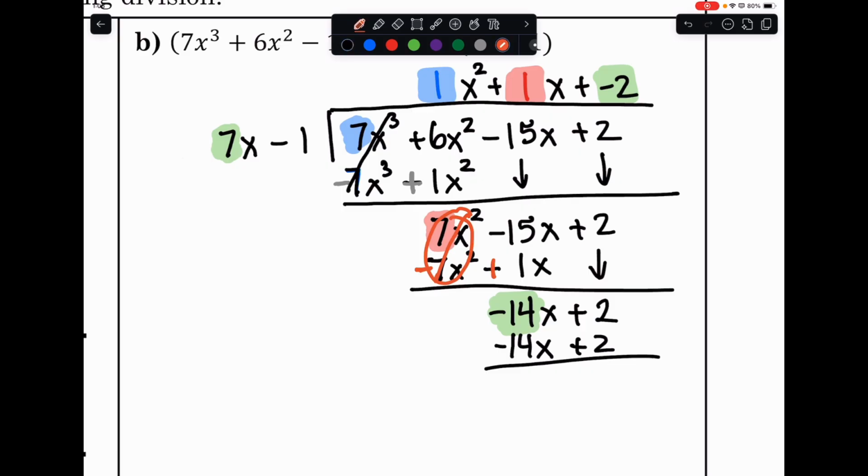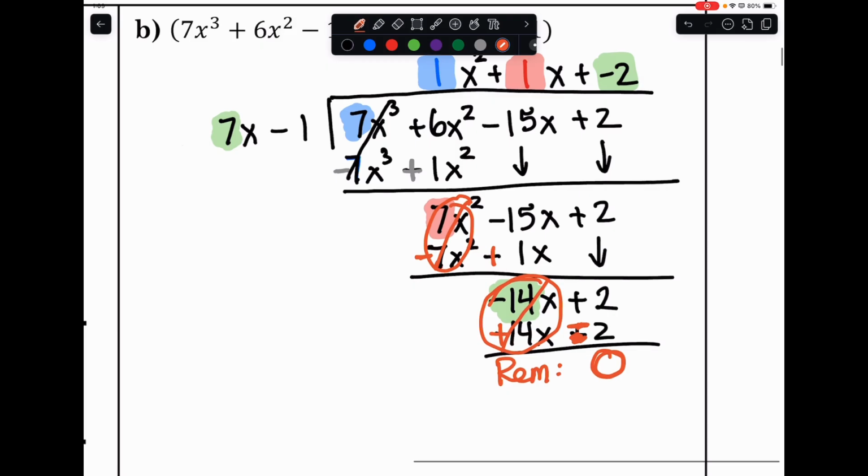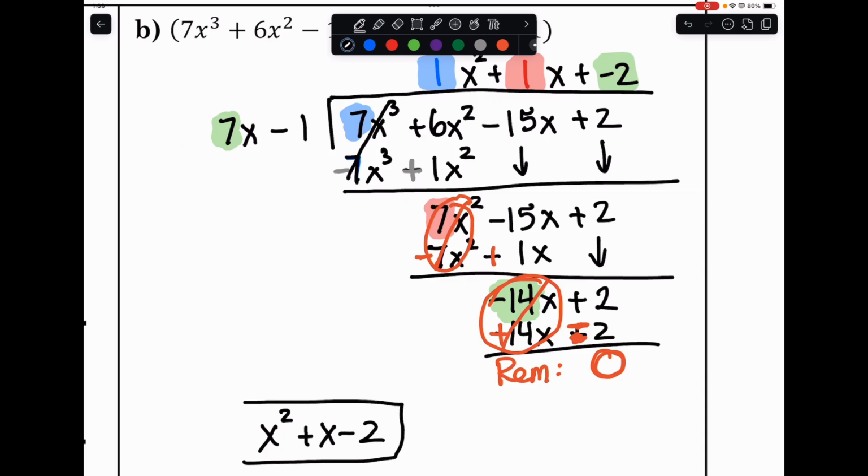We switch the signs, so this is going to become positive, this is going to become negative, and adding a negative 14 and positive 14 is 0, and adding a positive 2 and a negative 2 is also 0, which is our remainder. So our answer here is 1x squared plus 1x plus negative 2, or simply x squared plus x minus 2. So there is your quotient.